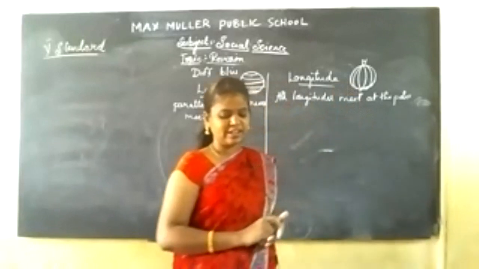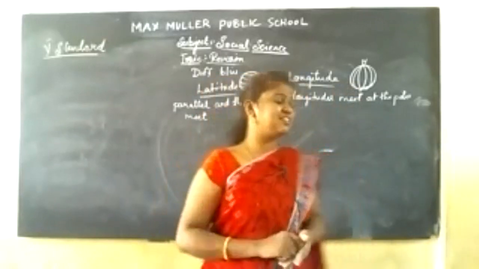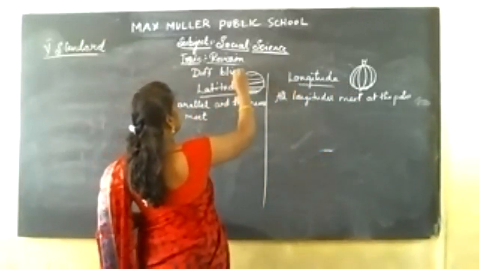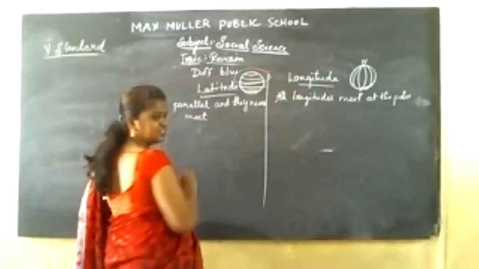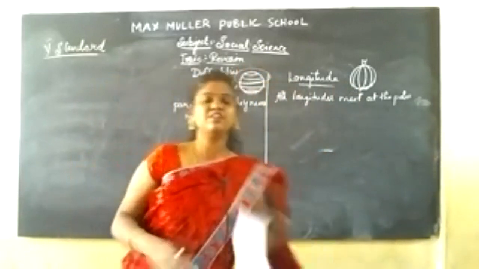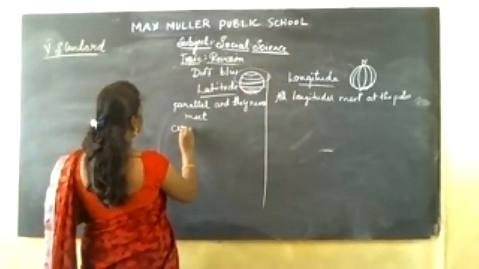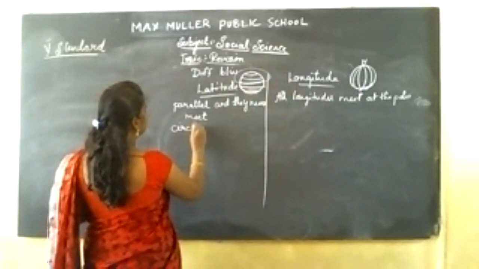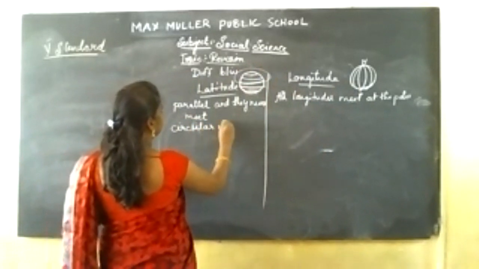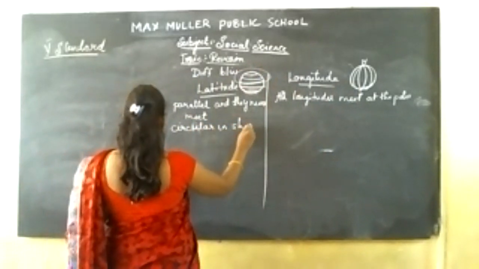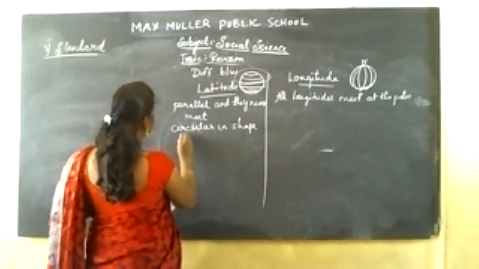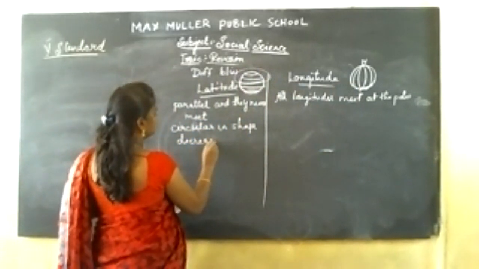You all know that latitudes are circle in shape. So what is the shape of latitudes? It's circular in shape. And there is a decrease in length.